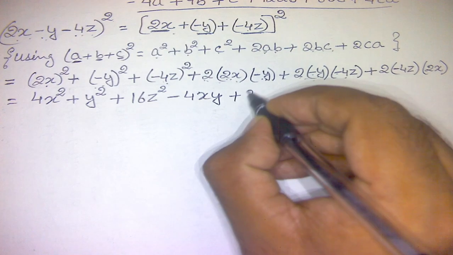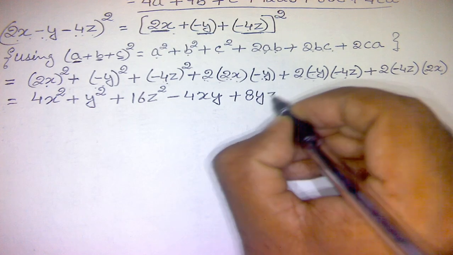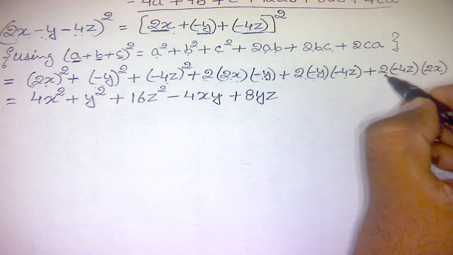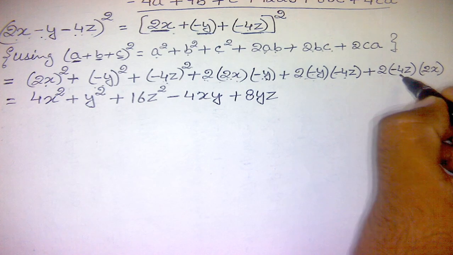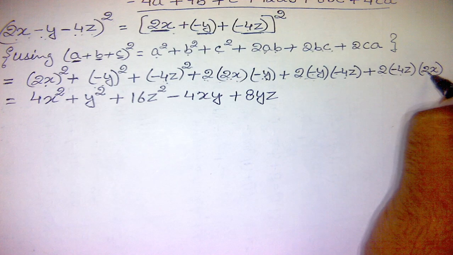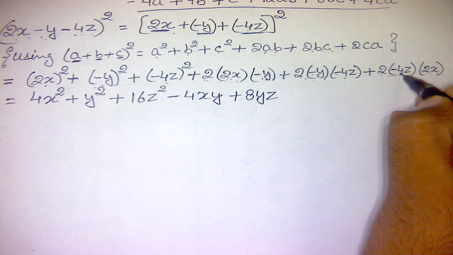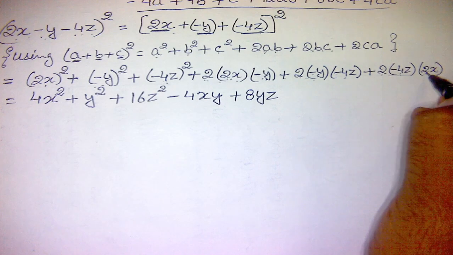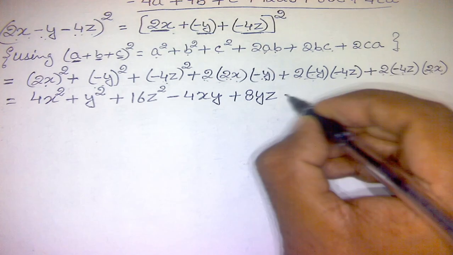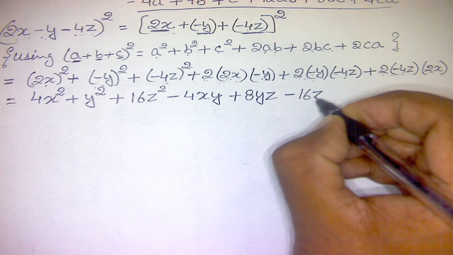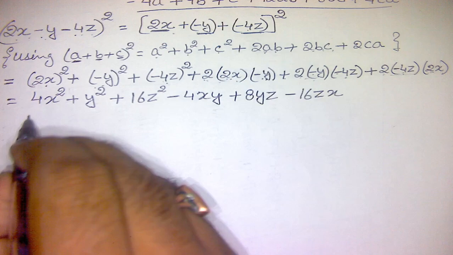So plus 8yz. Then you have 2 multiply minus 4z multiply 2x. When you multiply these, 2 into minus 4 is minus 8, minus 8 multiplied by 2 is minus 16. So you will have here minus 16zx.